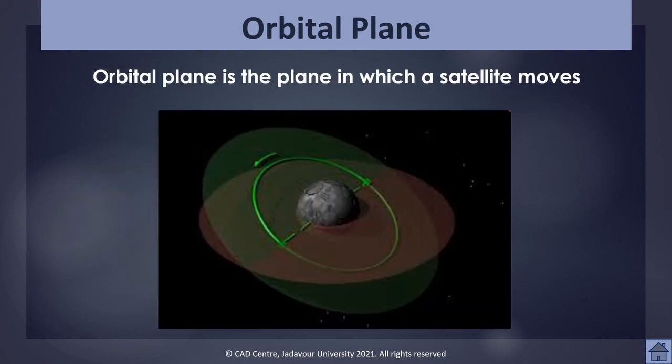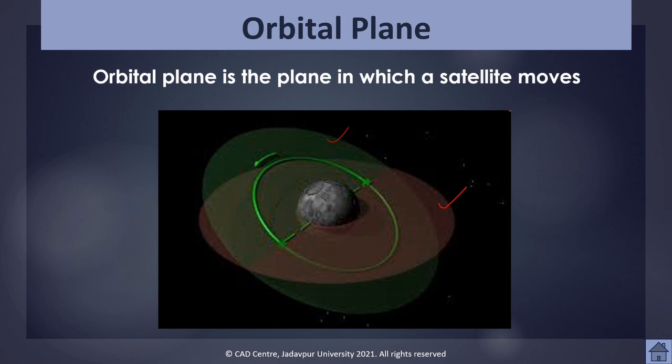Now, orbital plane. What is an orbital plane? Orbital plane is the plane in which a satellite moves. For example, here as you can see, we have this green shaded plane. This plane is an orbital plane, or this maroon shaded plane, this is also one orbital plane.